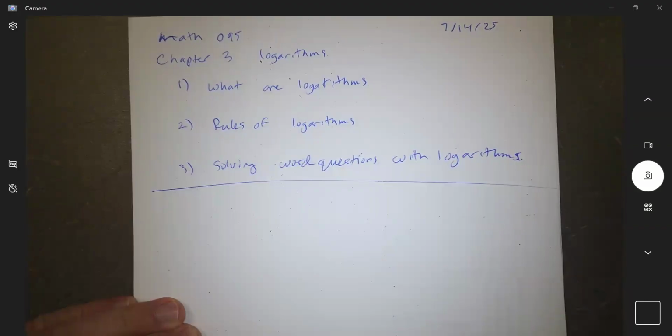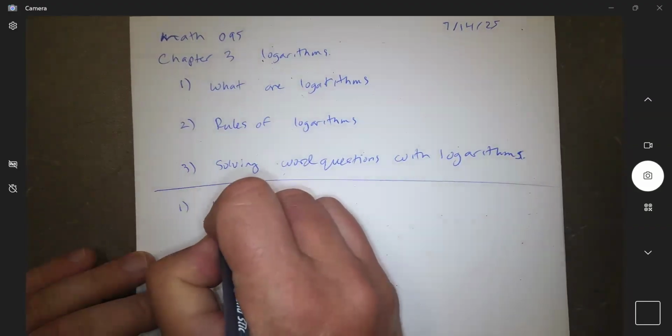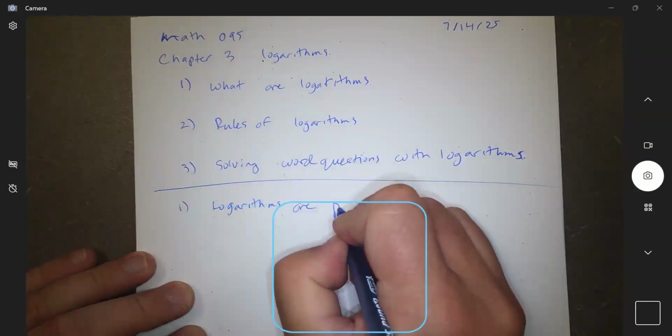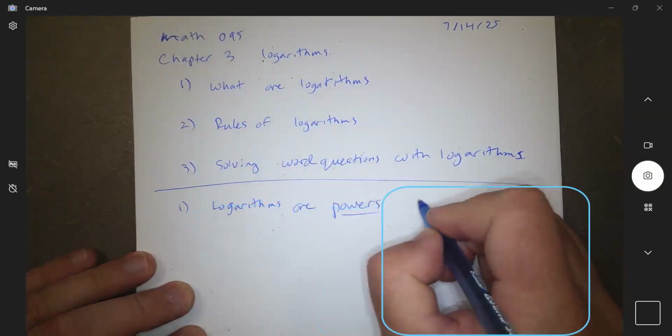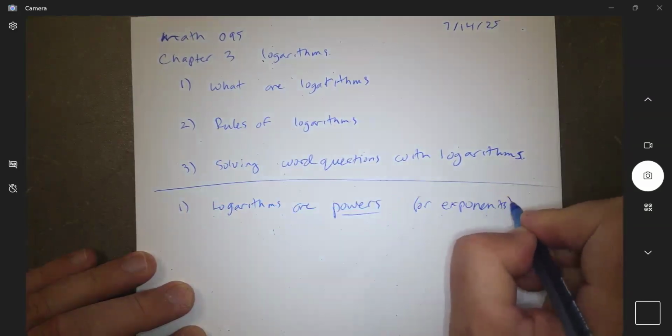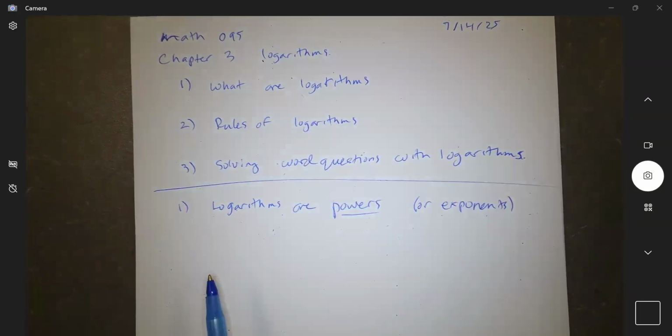All right, so what are logarithms? Logarithms are powers or exponents. Logarithm comes from logos, which means solving. Even though that's a Greek word, logarithms weren't developed until like the 1700s or something like that.